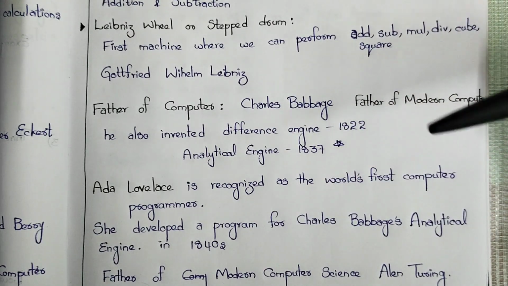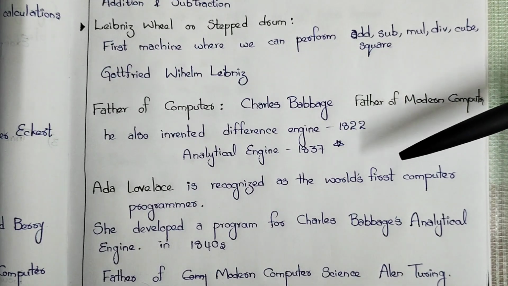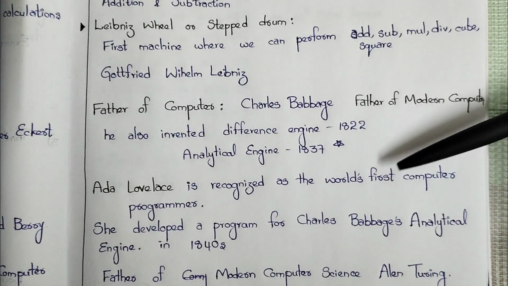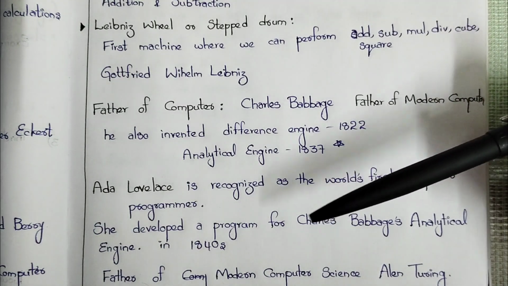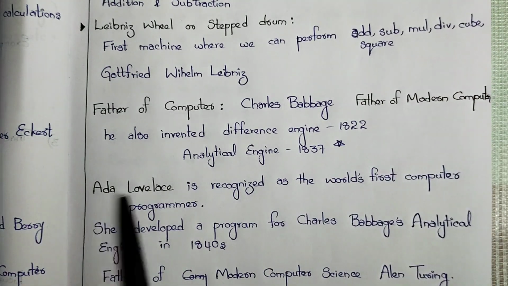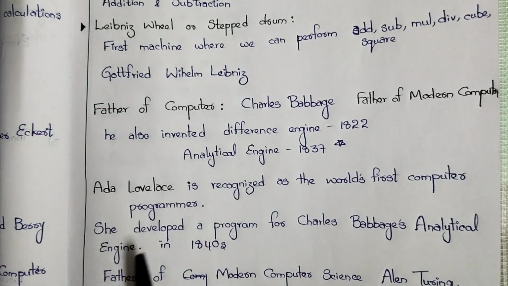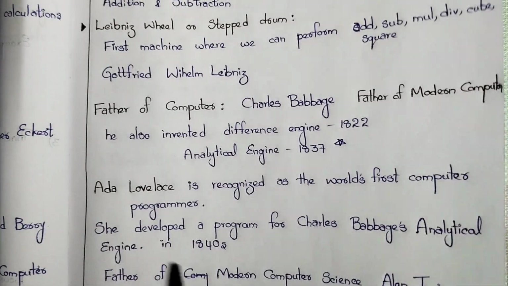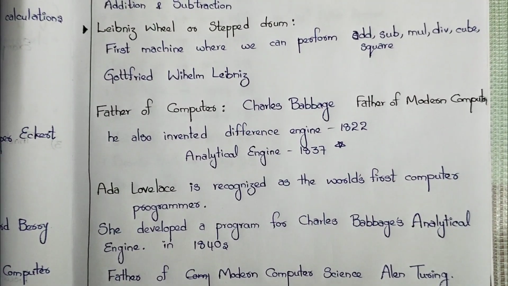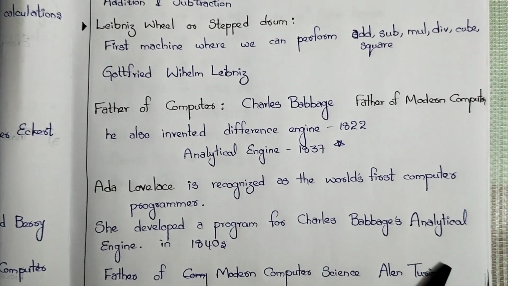So in the examination, if you are getting a question asking who is the world's first computer programmer, your answer will be Ada Lovelace. And another thing is that the father of modern computer science is Alan Turing.